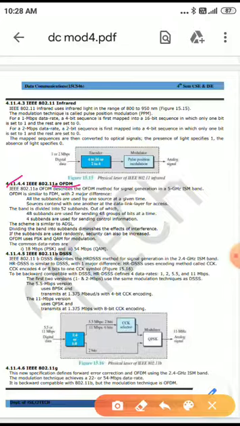Orthogonal frequency division multiplexing. OFDM is orthogonal frequency division multiplexing.